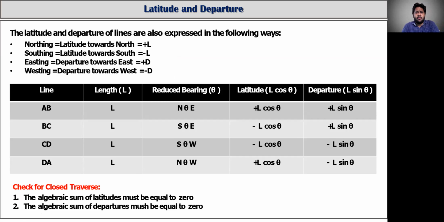The latitude and departure are expressed in the following ways. North: latitude towards north is plus latitude. South: latitude towards south is minus L, that is minus latitude. East, if you are measuring the departure, we know, see what happens here.